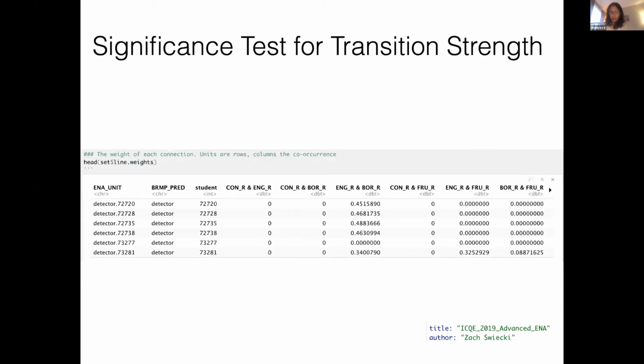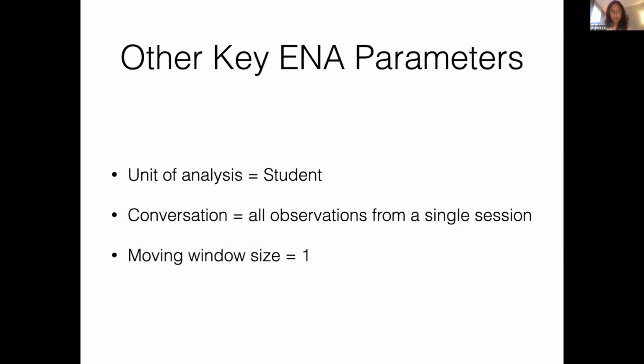On top of this, we run a one sample two-tailed t-test. We also normalize these transition weights and conduct a post hoc correction using Benjamini-Hochberg to account for false discovery rates through multiple comparisons.